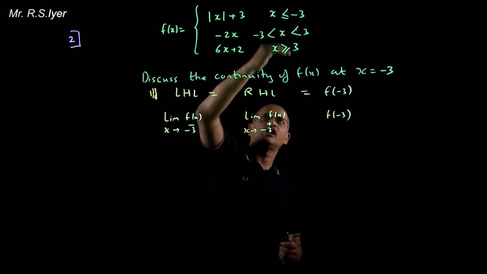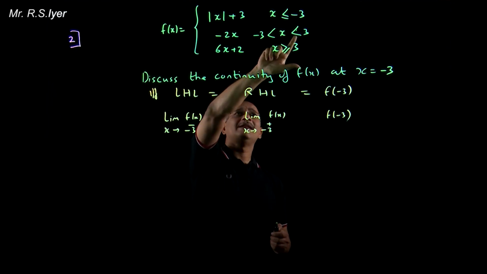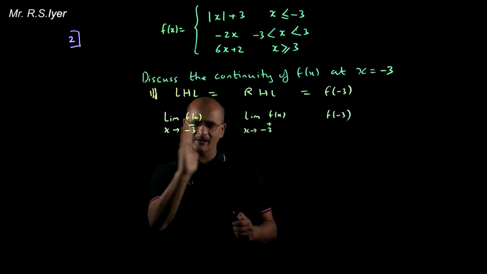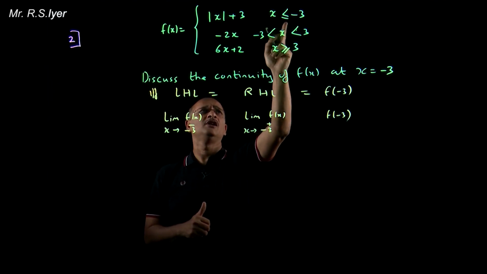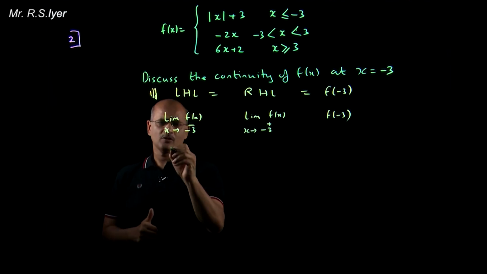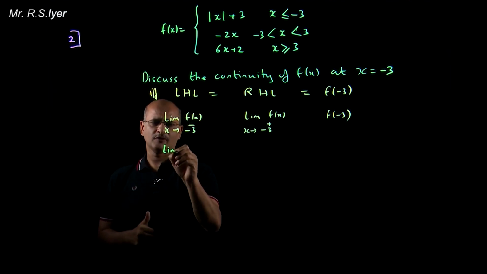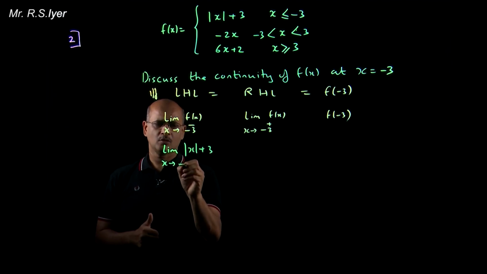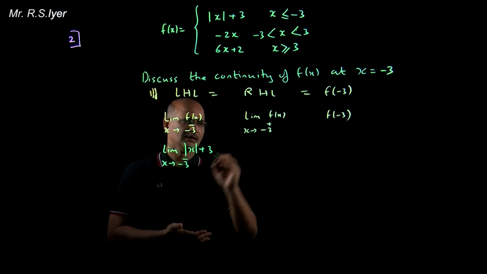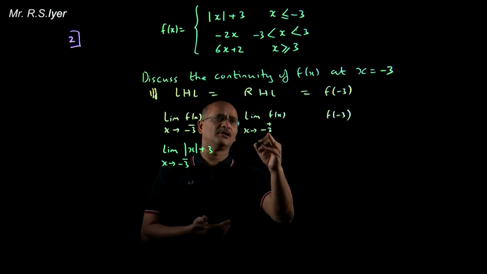Now look at the question here. When x is less than -3, left of -3 means less than. So less than -3, which function will you consider there? Look at this, the first one. So I will consider this function: limit of modulus x, or absolute value of x, as x tends to -3 minus. Similarly here, -3 plus.